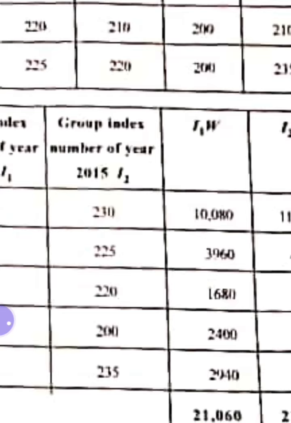For fuel and electricity, 8 multiplied by 210 gives 1,680. For house rent, 12 multiplied by 200 gives 2,400. For miscellaneous, 14 multiplied by 210 gives 2,940.